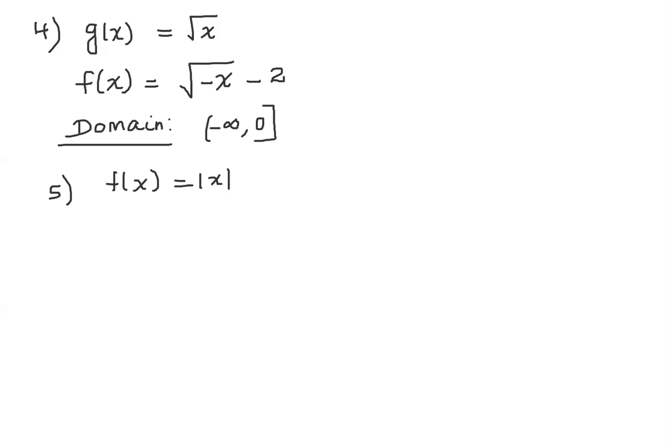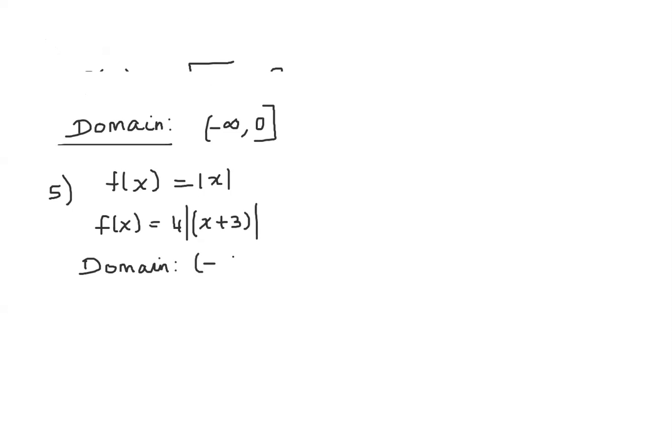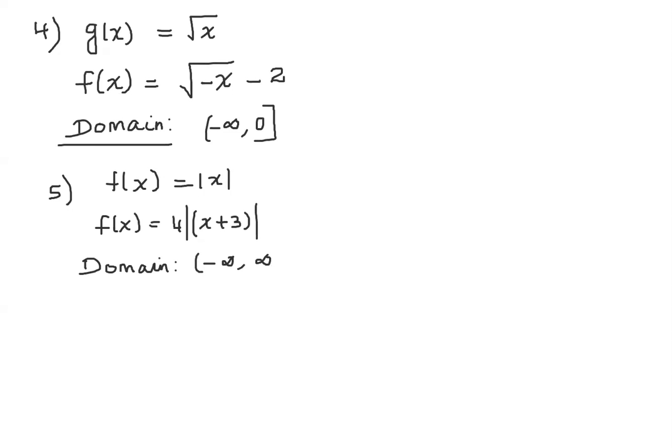So the new function is going to be f of x equal to 4 times the absolute value of x plus 3. And the domain is negative infinity to positive infinity. And then you can check the graph on your graphing calculator.